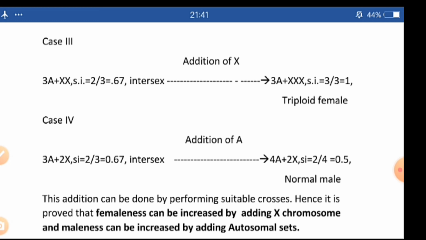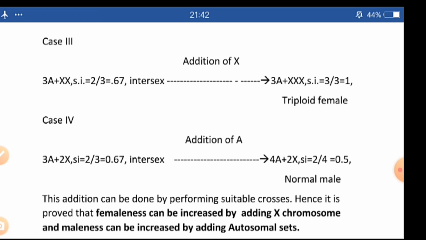Okay, and these phenotypes are totally dependent upon the ratio of X and A. That is, X-A ratio is called genic balance, and we may say that the sex in Drosophila melanogaster is dependent upon genic balance. If X is added, then femaleness is increased, and if A is added, then maleness is increased.